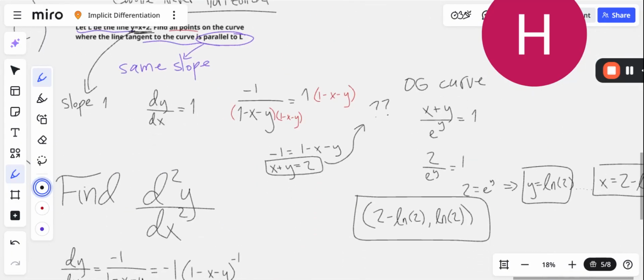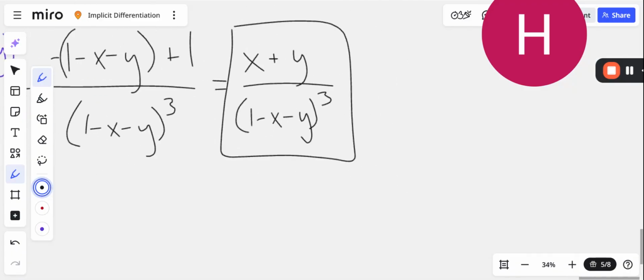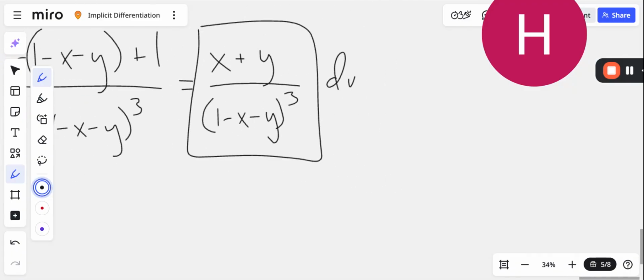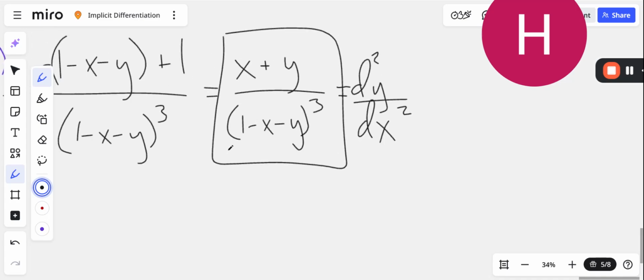Oh, I guess we don't need anything with e in it. That's very interesting. That's our second derivative. So if you want to determine concavity, you would plug in x and y values, which of course have to be on the curve, into this equation, and that gives you your concavity.